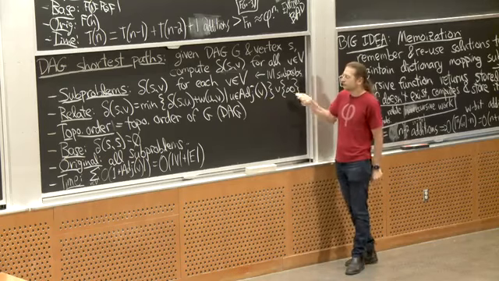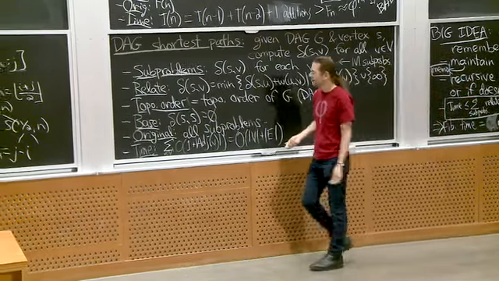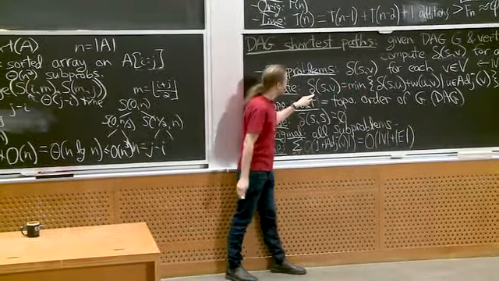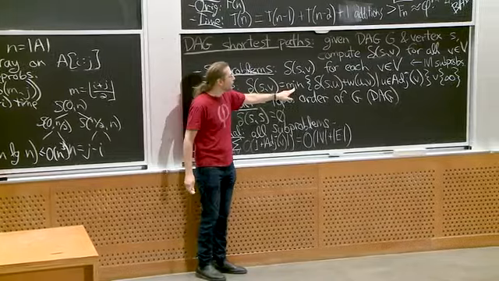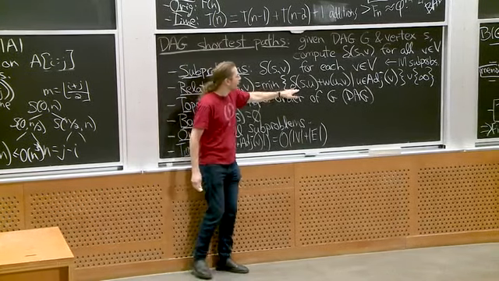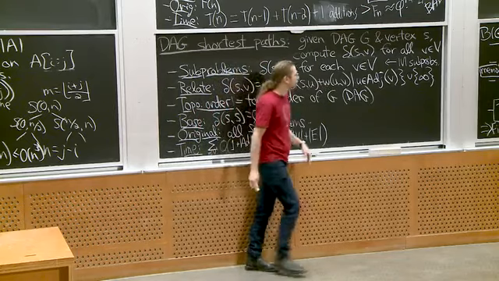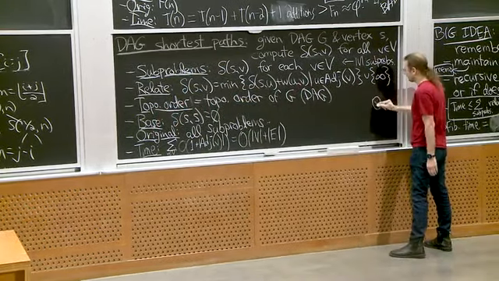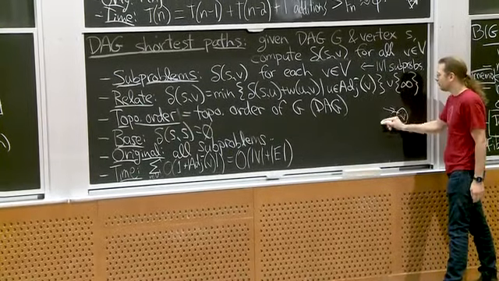I think we wrote this at some point during the DAG shortest paths lecture. We have a recursive relation saying that the shortest way to get from S to V is the minimum of the shortest path to get to some vertex u plus the weight of the edge from u to v. Why? Because if we look at a vertex v, unless we started there, we came from somewhere.